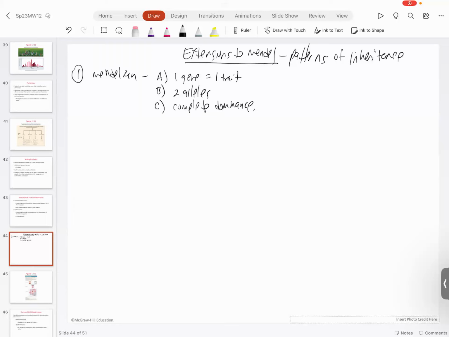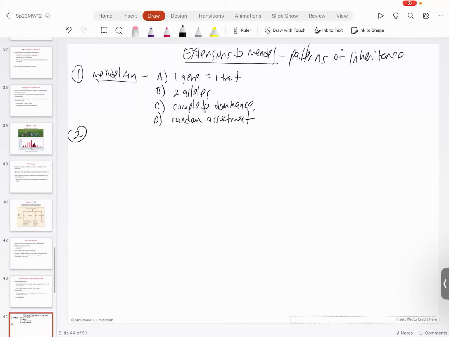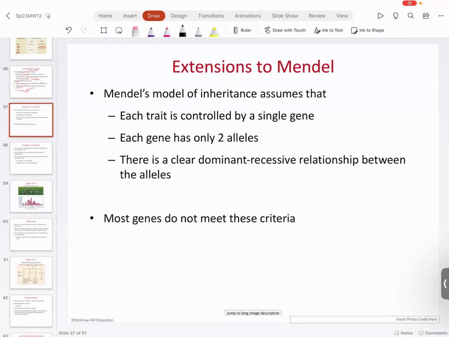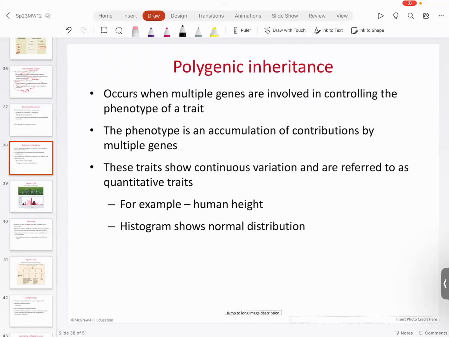And then, of course, we're not going to look at this one, but he also looked at random assortment. Right? That everything was random and independent. Well, the first thing that we want to do is take a look at variations of Mendel's idea.